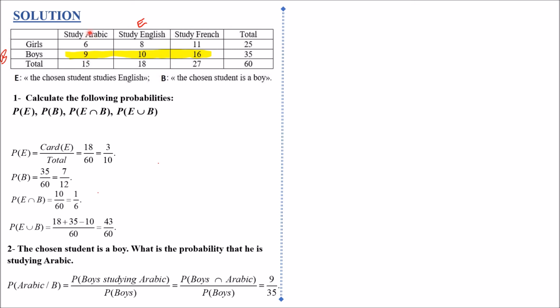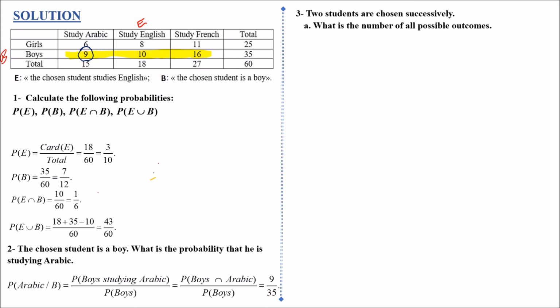This stands for Arabic. So here we just take the intersection between studying Arabic and the boys. Therefore it's 9 out of, if you look here, 9, the intersection of Arabic with the boys, out of 35. So P of Arabic given boys is 9 over 35, as you can see here.